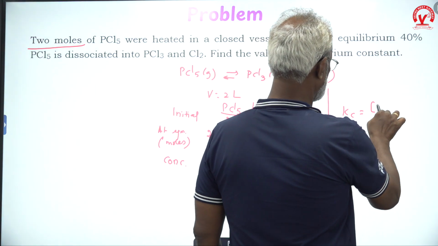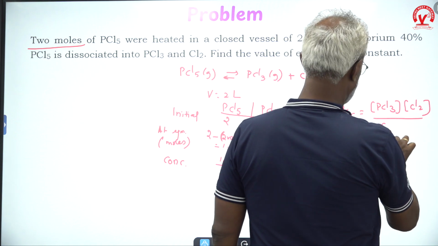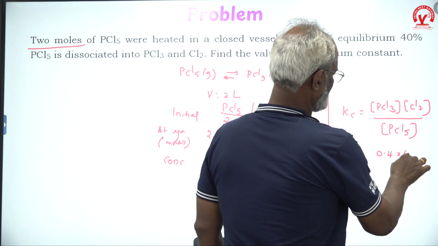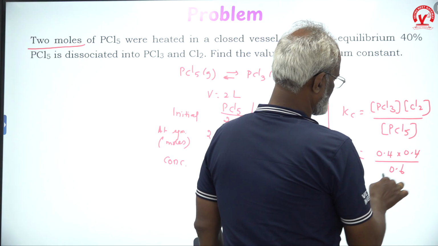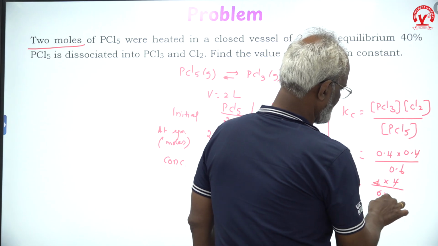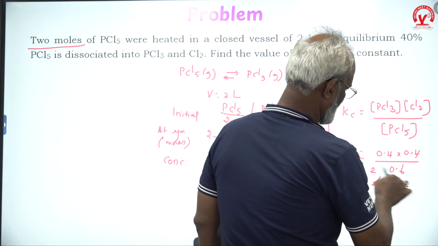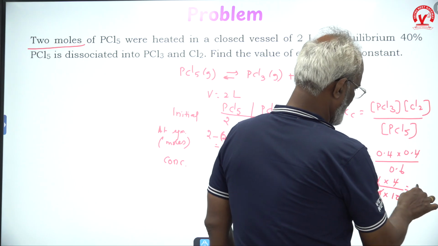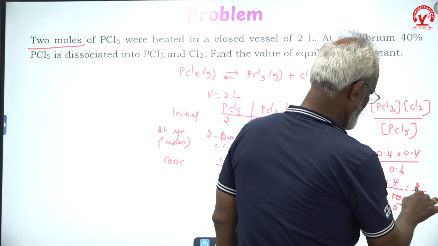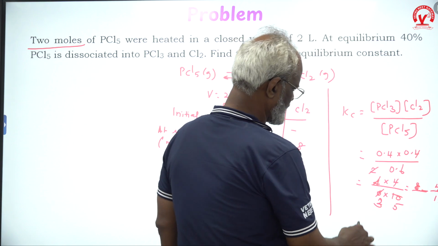Kc is equal to the concentration of PCl3 times the concentration of Cl2 divided by the concentration of PCl5, which is 0.4 into 0.4 divided by 0.6, or 4 into 4 by 6 into 10, which will be 8 by 30, that is 4 by 15.